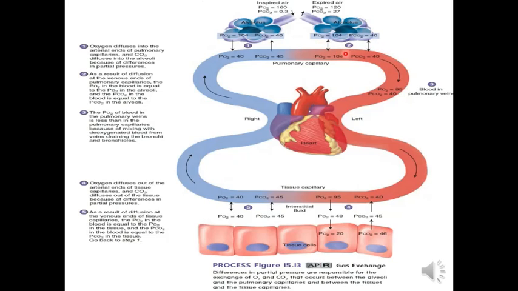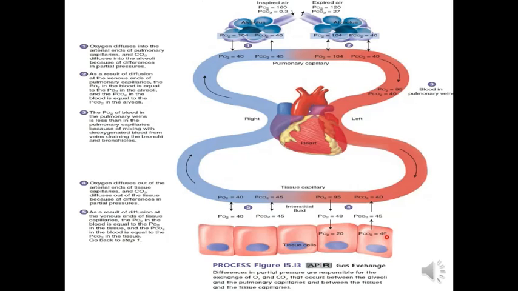Here the blood capillaries carry oxygenated blood to the heart, and the heart transports blood to the respiring tissues. In the respiring tissues, oxygen is used to generate ATP and produce carbon dioxide.